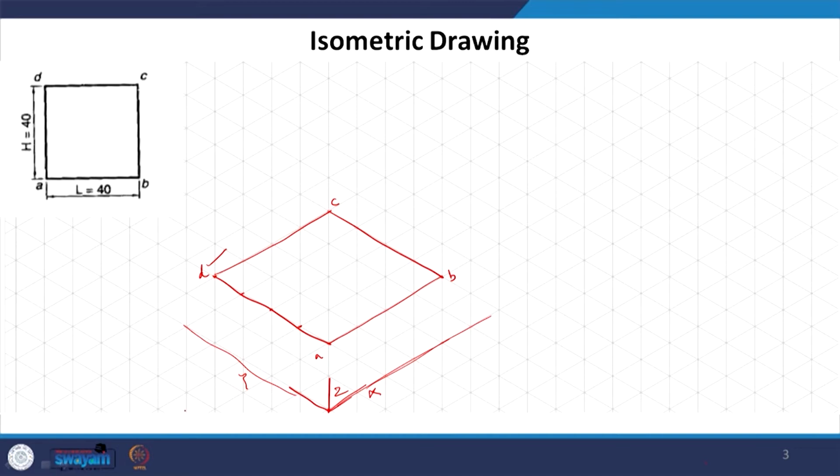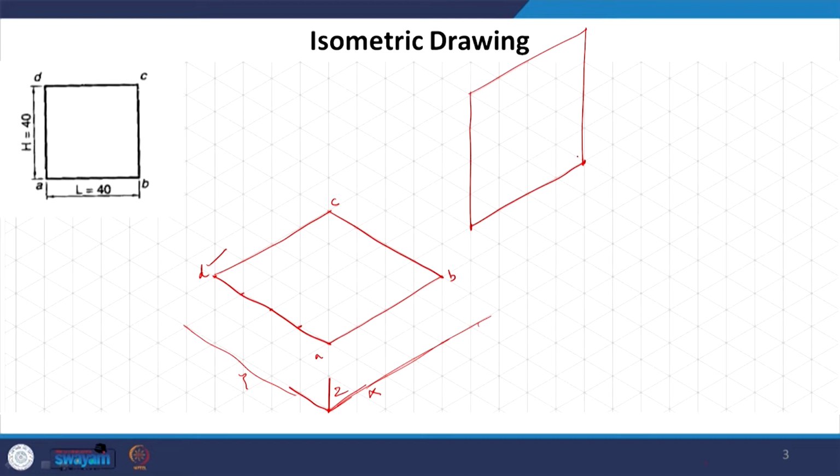Let us assume another condition. What if it is perpendicular to the xy plane and in such a manner that the plane is parallel to xz? That is one condition. So, I take another, it is parallel to xz. Now, this is xz. So, if it is parallel to xz, we will have these lines being parallel to either x or z.